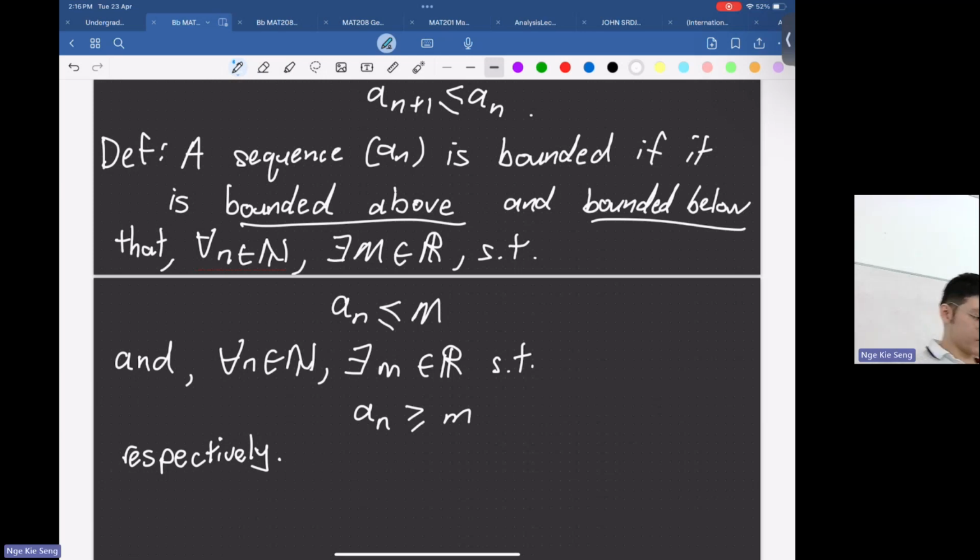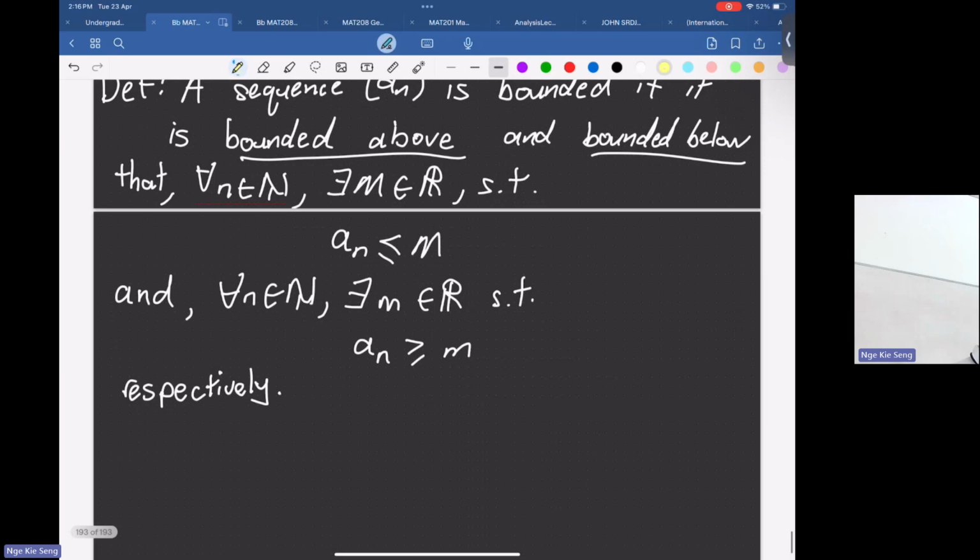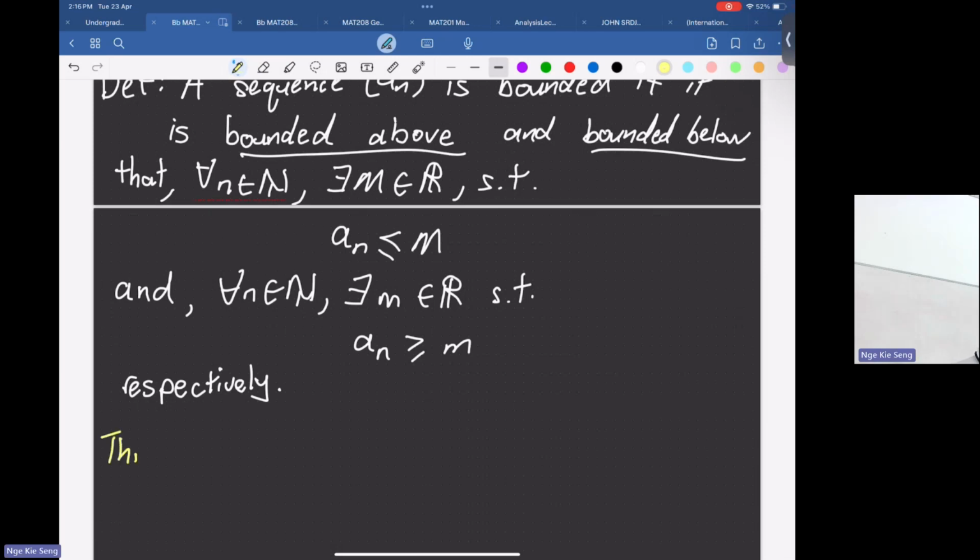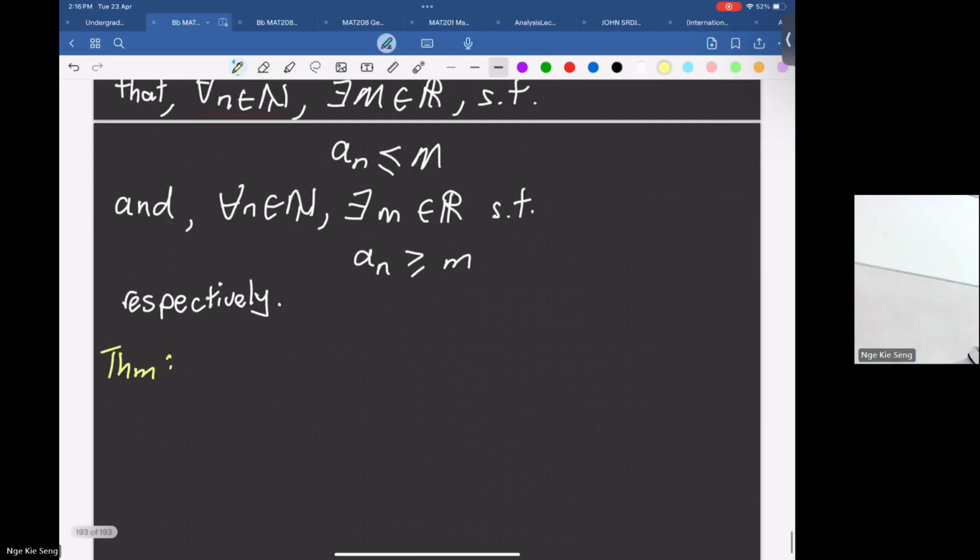Okay, so recall what the monotone convergence theorem says. Anyone remember?